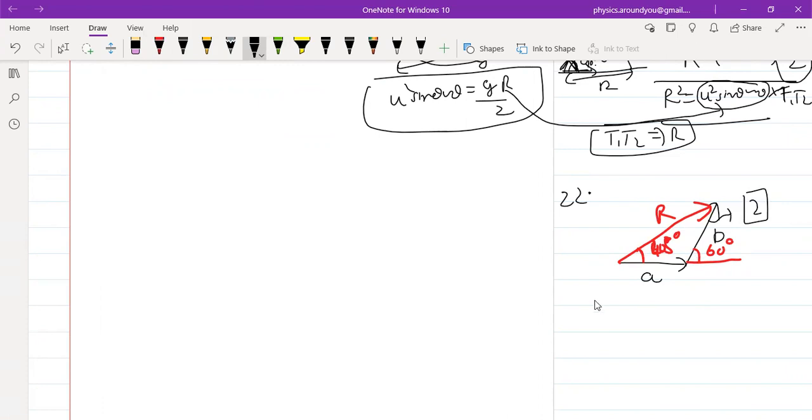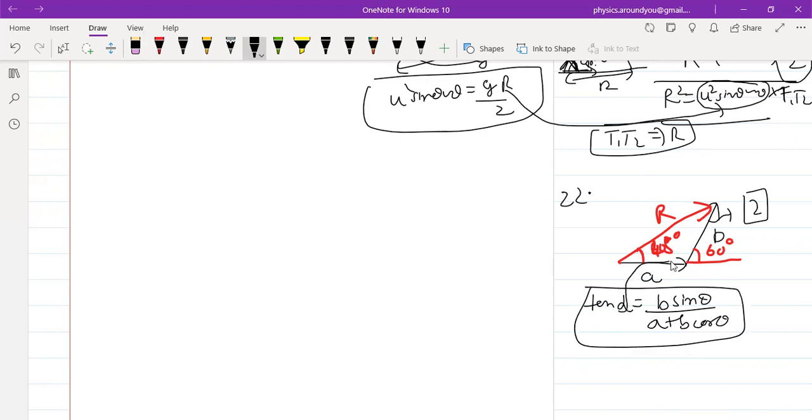What formula to go with? Well, we know the formula for the angle made by the resultant with one of the vectors, that is tan alpha is equal to B sin theta by A plus B cos theta. Here alpha I can put as 45 degree, B is given as 2 and theta is given as 60 degree.